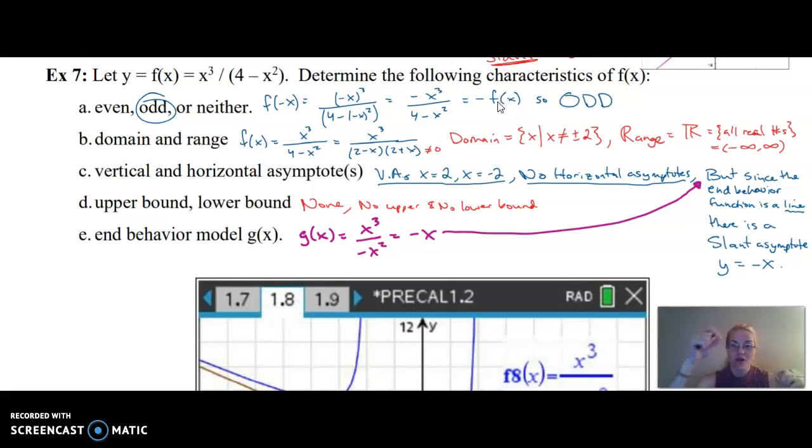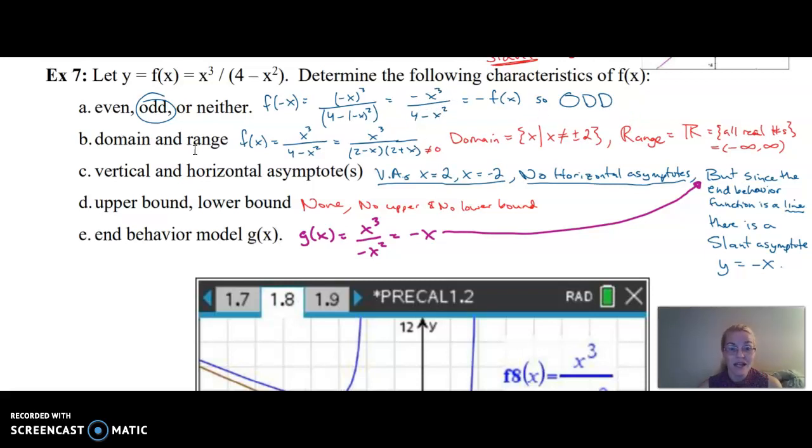The x and y values are opposite, or rather, they are a 180-degree rotation of each other. So in this case, when we plug f of negative x in, it works out to being negative f of x. So that's an odd function.